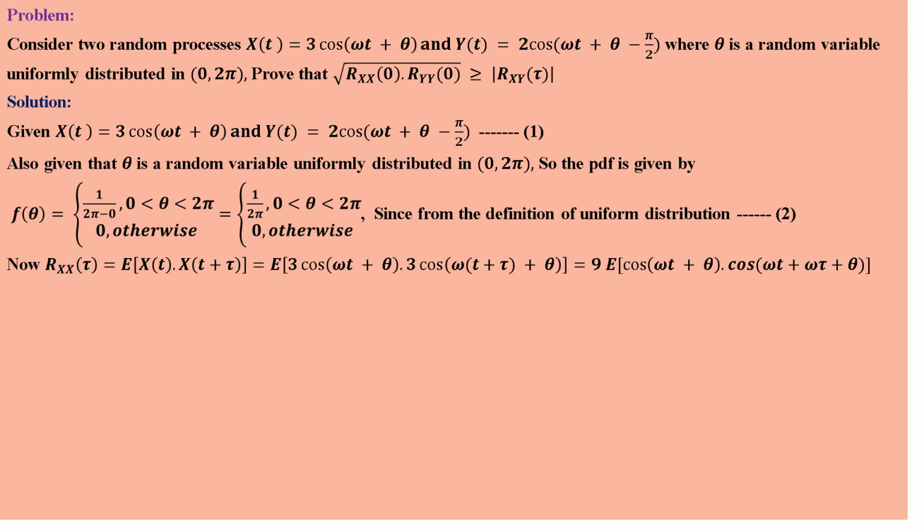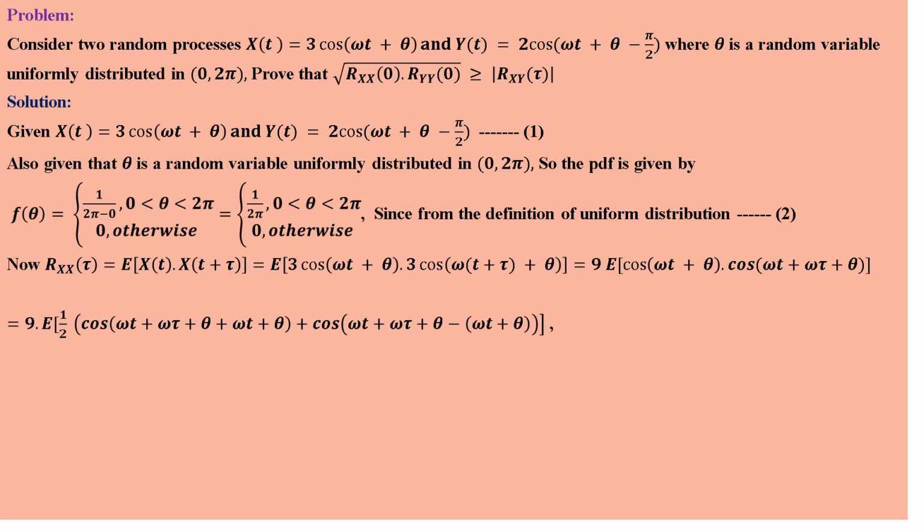We are taking that 9 outside the expected value. So expected value of cos(ωt + θ) cos(ωt + ωτ + θ), multiplying ω with each and every term.